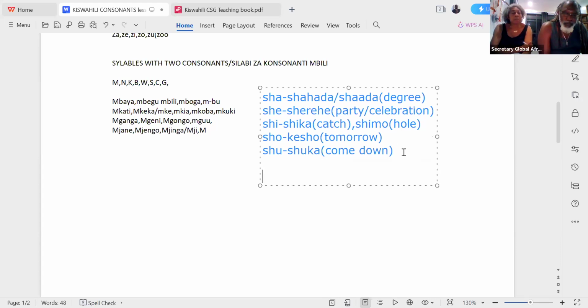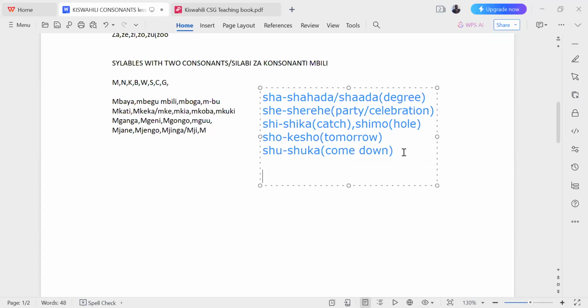But now, I want to give the SH words that come at the last part of the words. Here I'm trying to put the ones that come first, but if you go to the last syllable of the word, you have, for example, kesha. Kesha is like these people who go to church and pray overnight, like you go on a Friday, then you do a prayer overnight till morning.